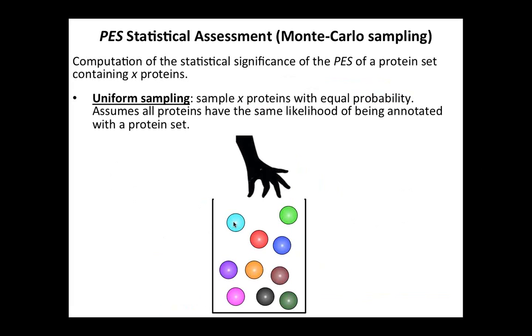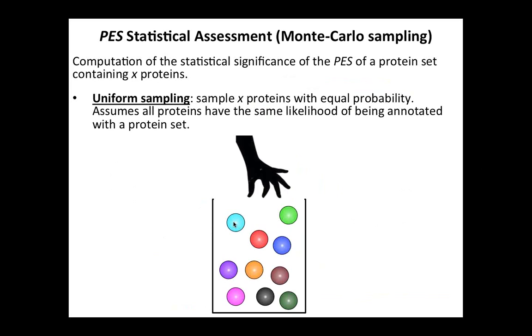In order to do the Monte Carlo sampling, there are several strategies that can be used. We can simply perform uniform sampling, where we would sample our 7 proteins in the example with an equal probability for all of them. This, however, assumes that all proteins have the same likelihood of being annotated in a protein set, and that is not exactly true, as we know there are literature biases: people tend to study what people have studied before.